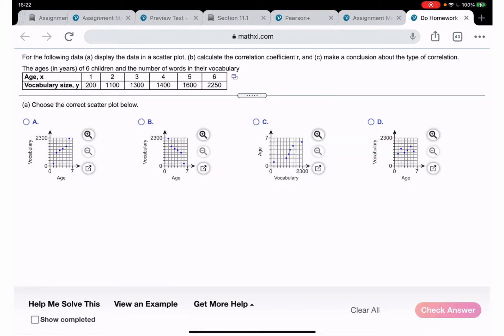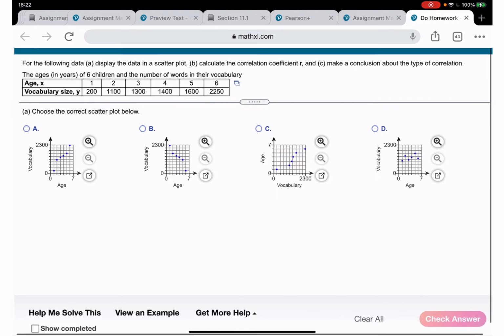Next. For the following data, display the data in a scatter plot, calculate the correlation coefficient, and make a conclusion about the type of correlation. Sometimes you can look at the data and figure it out, although we will go through StatCrunch.